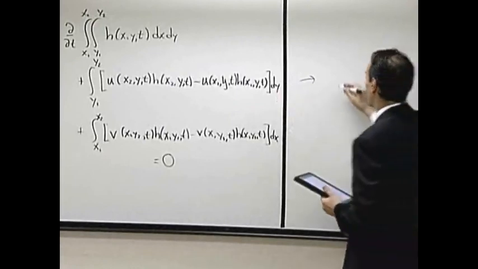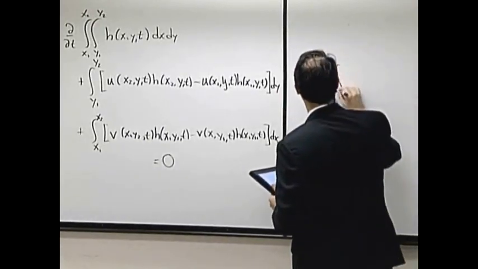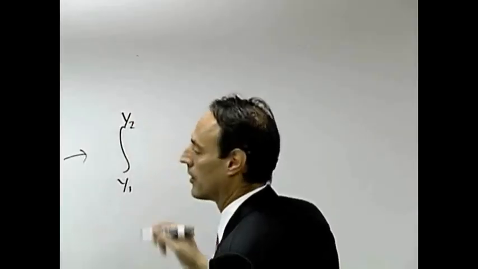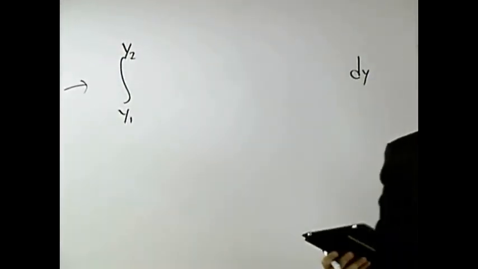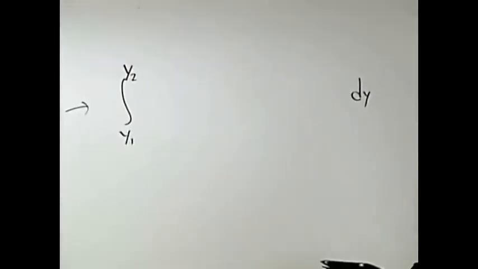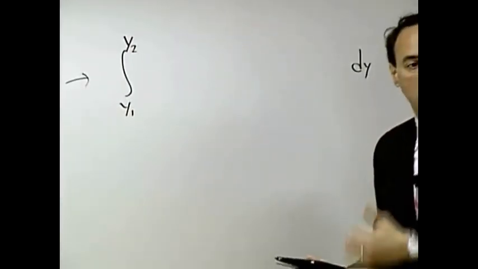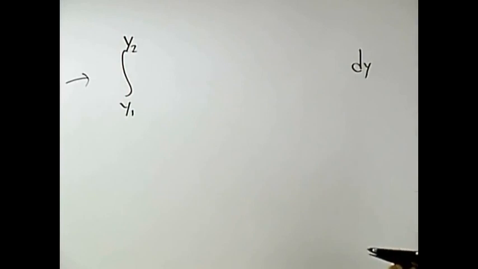What does this become? First of all, I still have this y1, y2 integral, dy. Now, what do I do with what's inside of that? I'm evaluating x2 minus x1. I can replace that with an x integral.